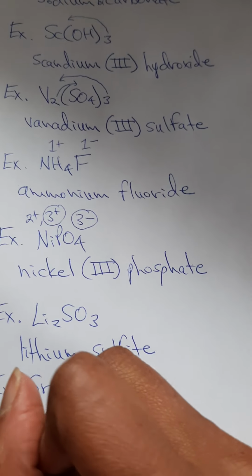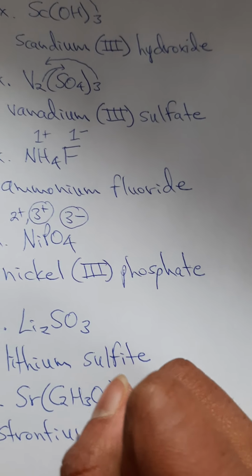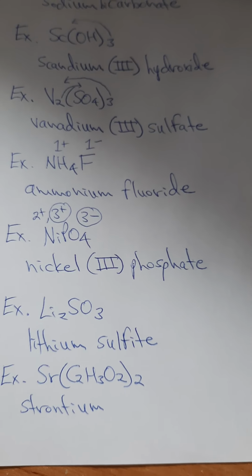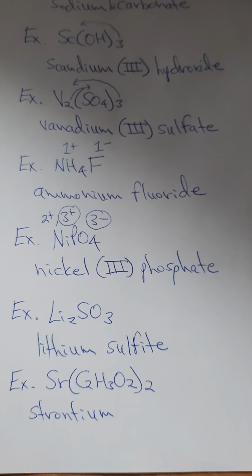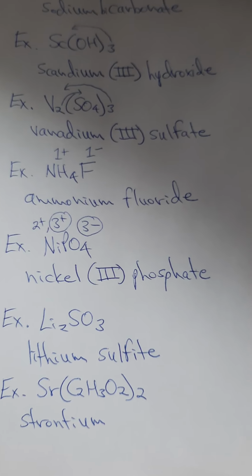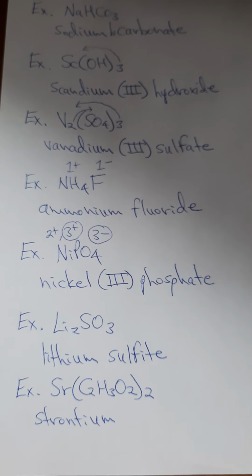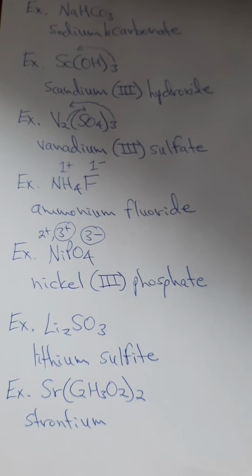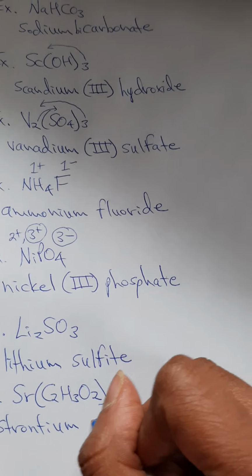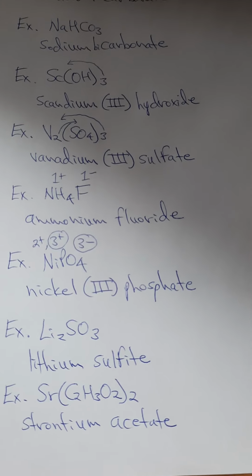Sr here is strontium. Strontium is in group 2. I don't need to use the Roman numerals here because strontium only has one charge. It is 2+. So this is going to be strontium acetate.